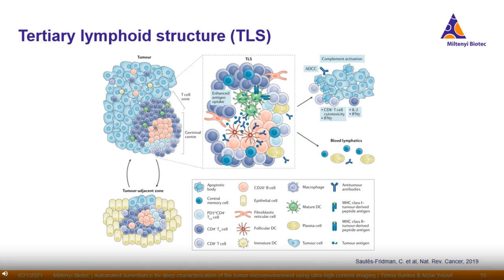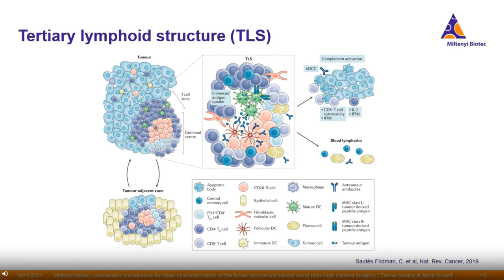Please see the maximized view in the middle of the slide with a CD3 positive T cell zone containing DC-LAMP, DC lysosome-associated membrane glycoprotein, with dendritic cells and fibroblastic reticular cells, and a CD20 B cell zone with a germinal center, plasma cells, antibodies forming immune complexes with tumor antigens, and follicular dendritic cells.